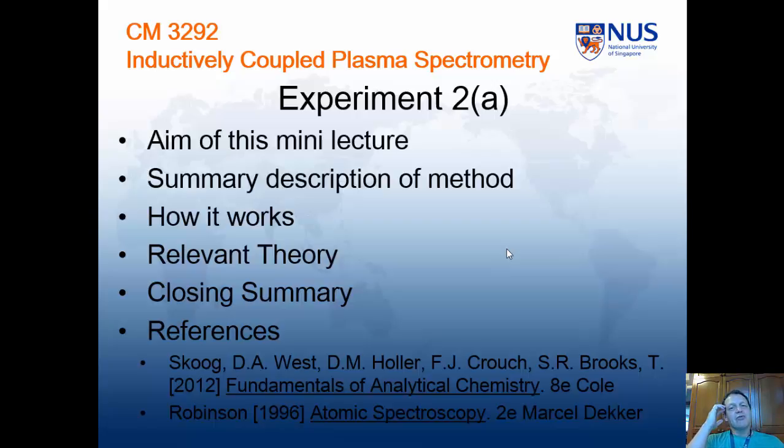It's actually reasonably written, probably not quite as smooth as Skoog, but it will give you detail on ICP and the other emission and absorption atomic spectrometry techniques. So very much recommend it. Okay, we'll move on.